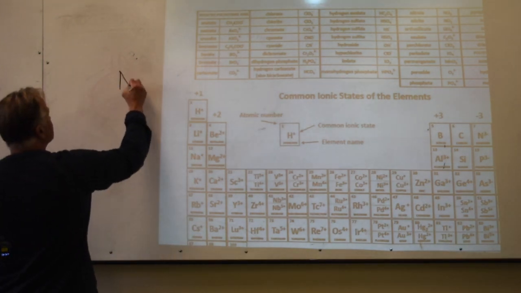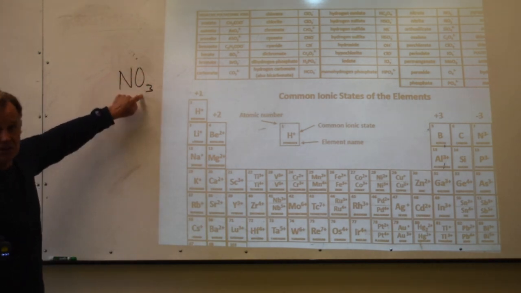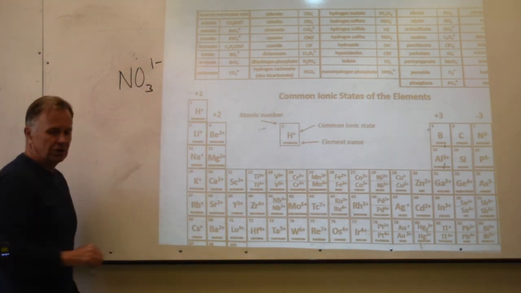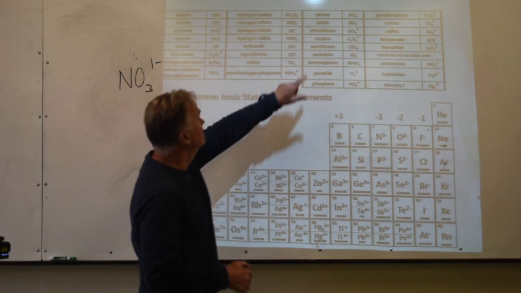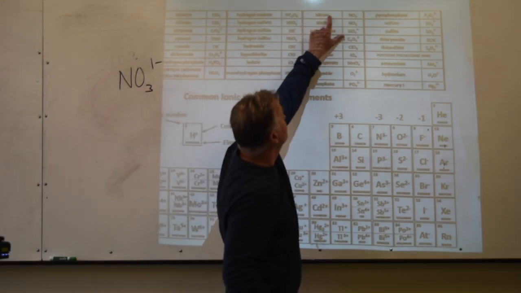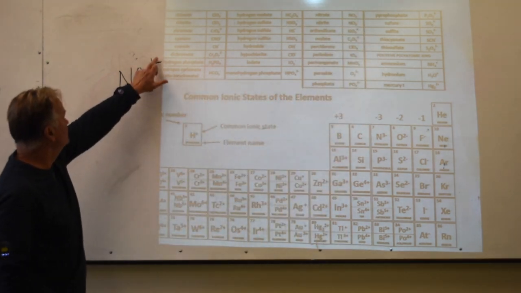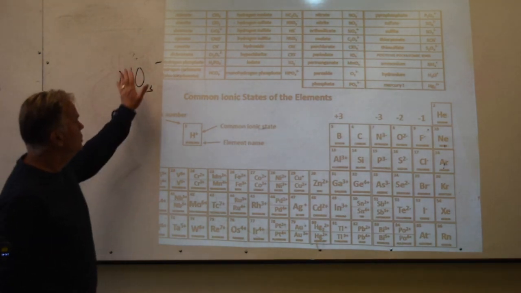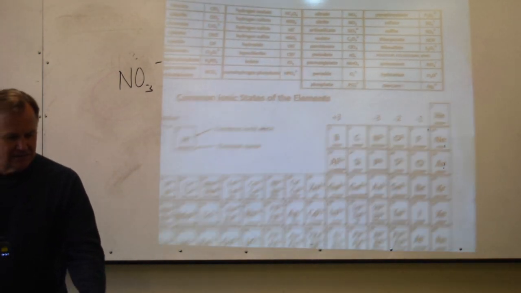Nitrate is NO3, which means a nitrogen with 3 oxygens, but it acts as one ion, so it has a 1- charge. If you look it up, you have to be specific because there's nitrite here too, but nitrate is NO3 with a minus charge. I like to put a 1-, but you can also just write a minus, and that 1 is assumed to be there. You can look up all these polyatomic ions, so you'll have access to that.